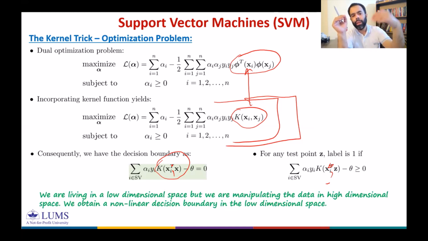But equivalently, we are manipulating the data in the higher dimensional space. We have a linear boundary in the higher dimensional space, and the consequence of having a linear boundary in the higher dimensional space is equivalent to a non-linear decision boundary in the lower dimensional space. Are you following this?